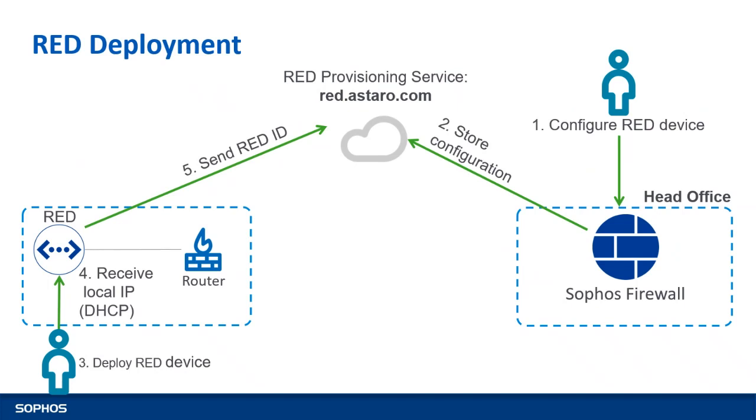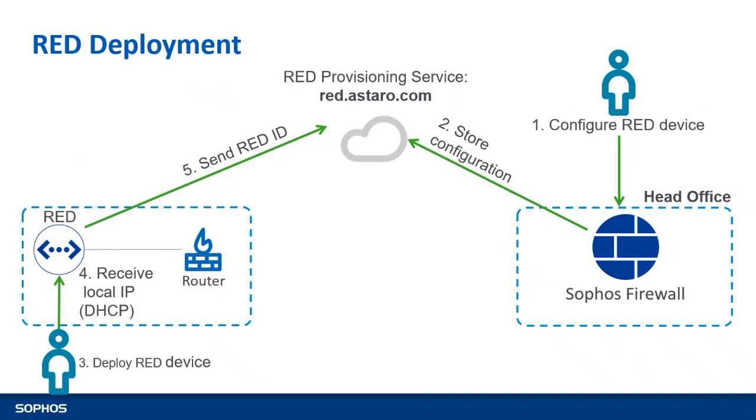The RED will connect to the server with the ID, and the server is going to return the configuration to the RED that needs to be connected to the firewall that is local. Okay.